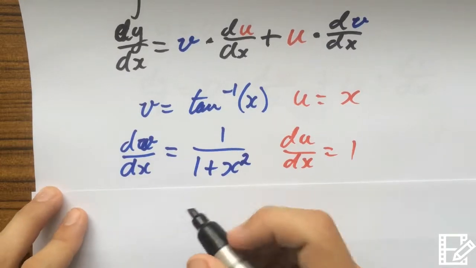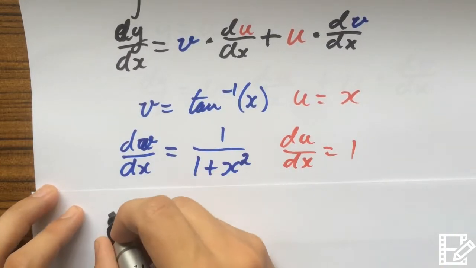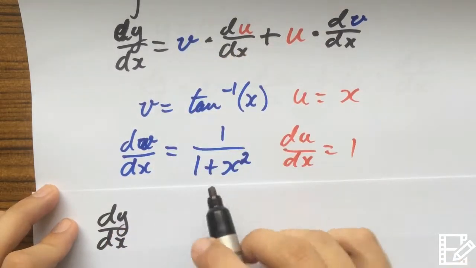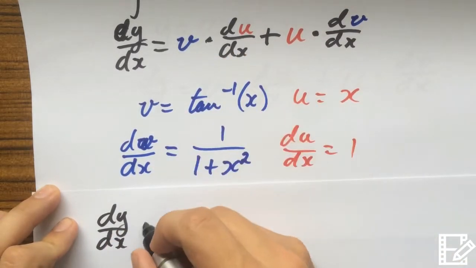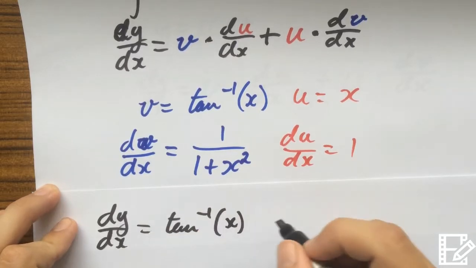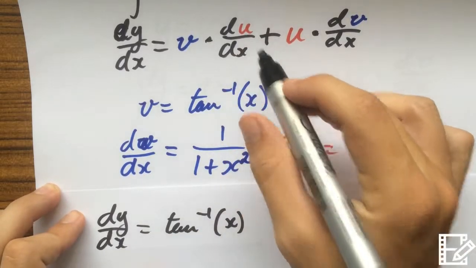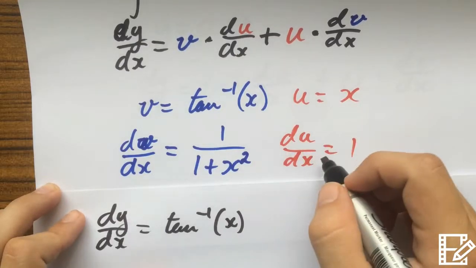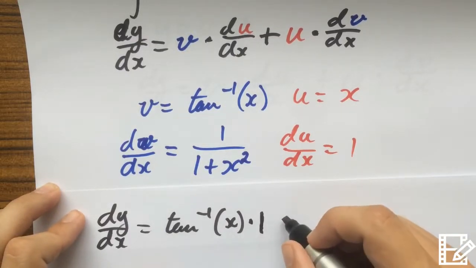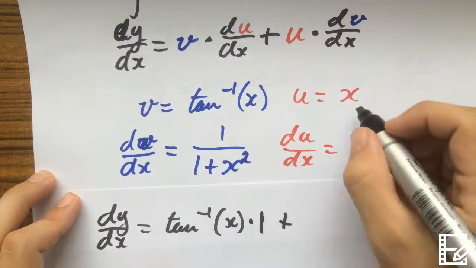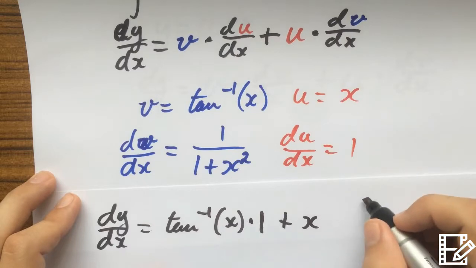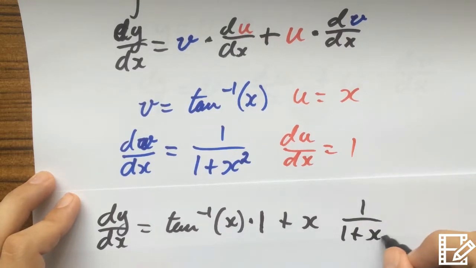So the derivative: v, we said that v was inverse tan x, multiplied by the derivative of u, which is 1, plus u, which we said was x, multiplied by the derivative of v, which is 1 over 1 plus x squared.